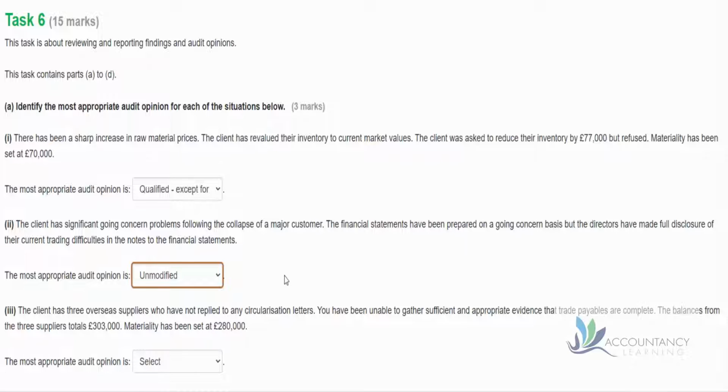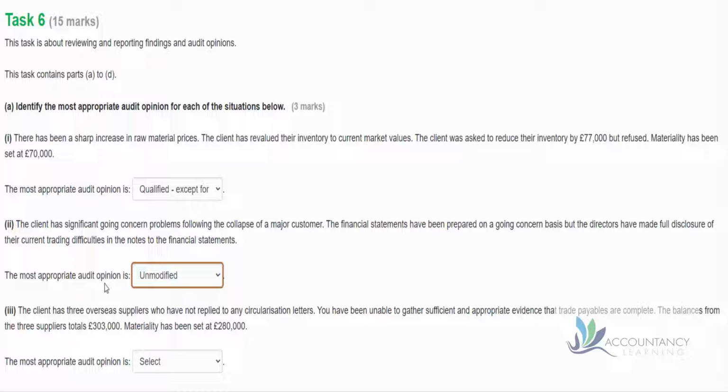However, there is uncertainty here, isn't there? And if there's uncertainty, we need to decide, is that uncertainty fundamental to the understanding of the financial statements? And because it's going concern, we would say that is fundamental to understanding and therefore it's pervasive. So while the audit opinion is unmodified, we would modify the audit report because the report would include an emphasis of matter paragraph to highlight the disclosure that the directors have made.